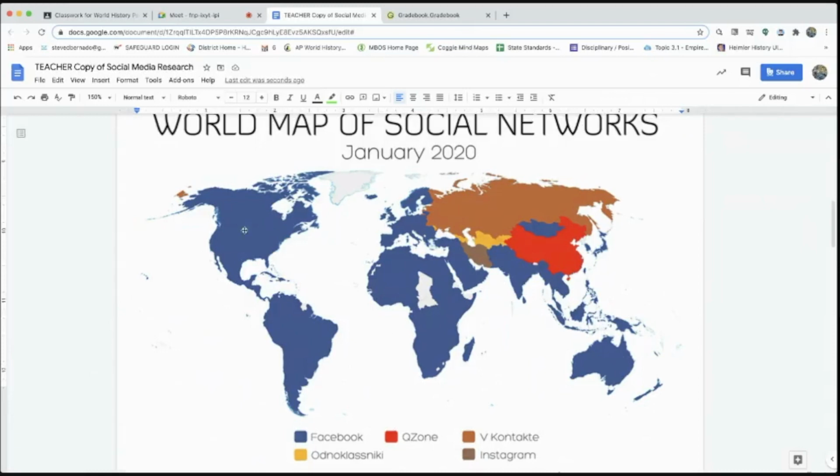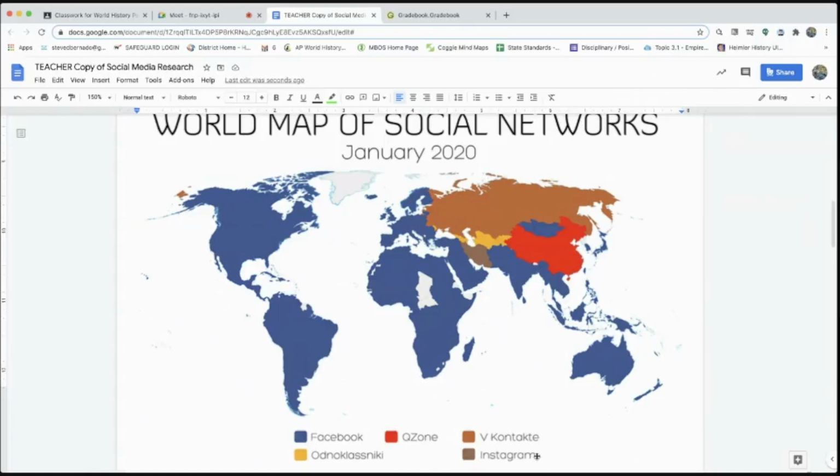Anything in blue is dominated by Facebook. Anything in brown is absolutely dominated by Instagram. It's interesting. It's come all the way over here to Afghanistan. Everything else you may or may not have heard of.